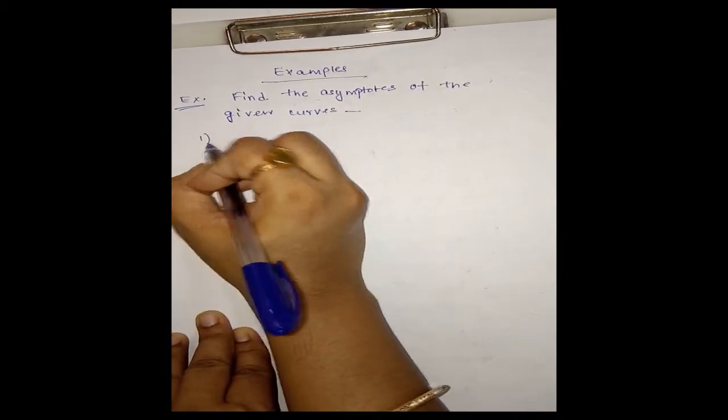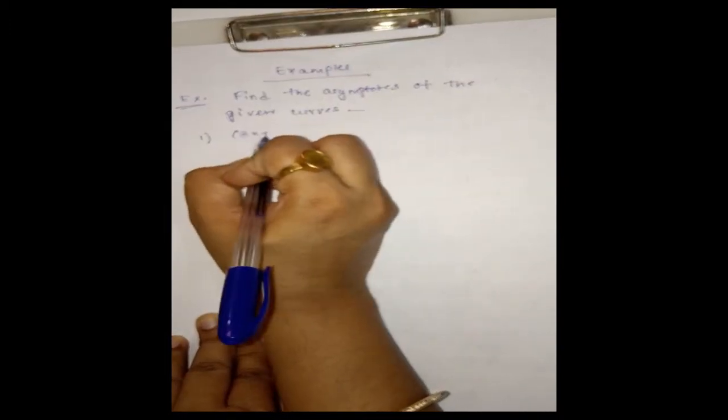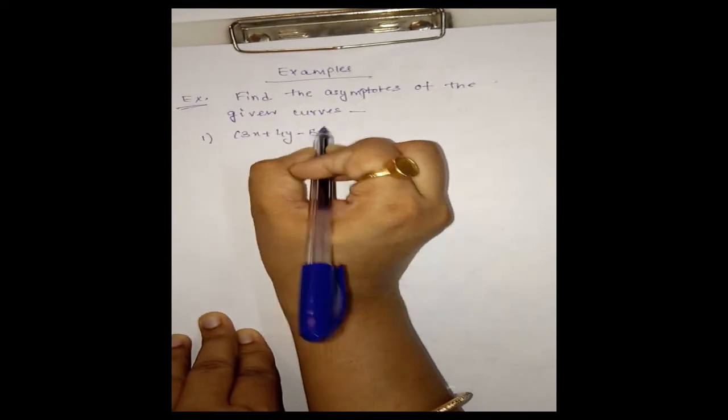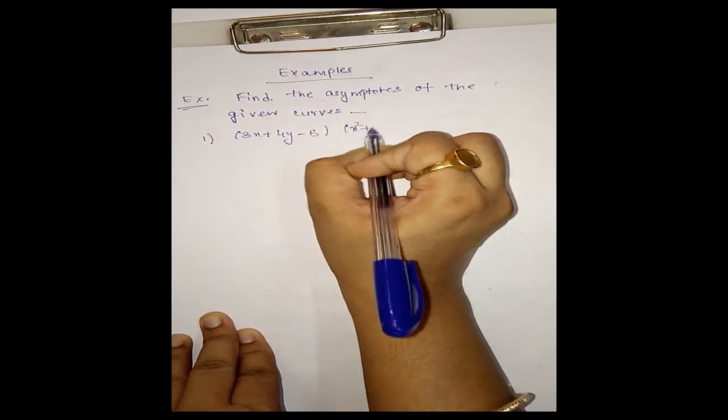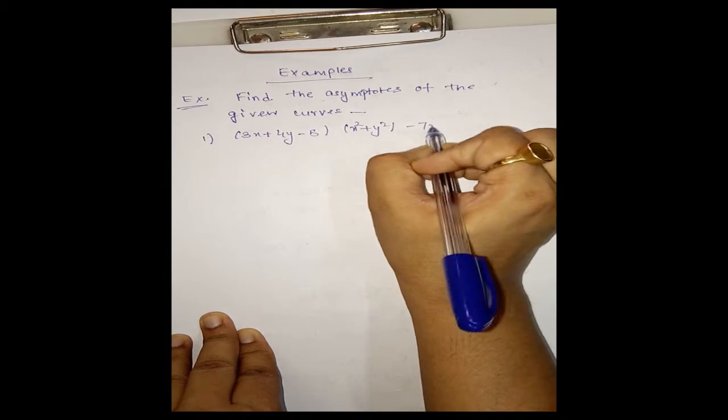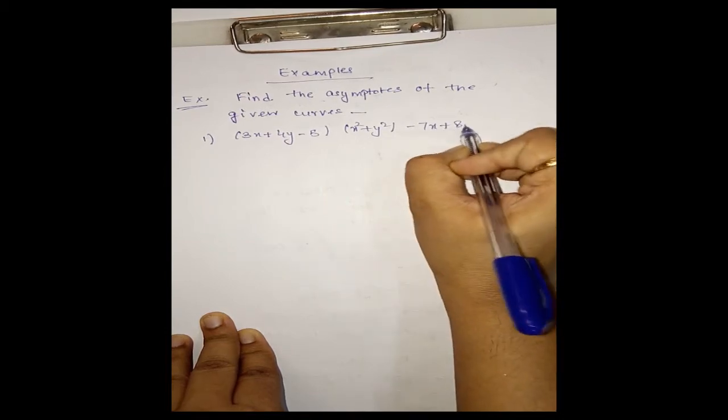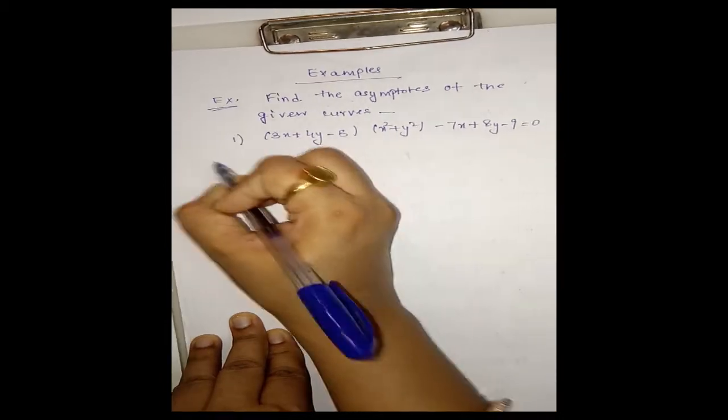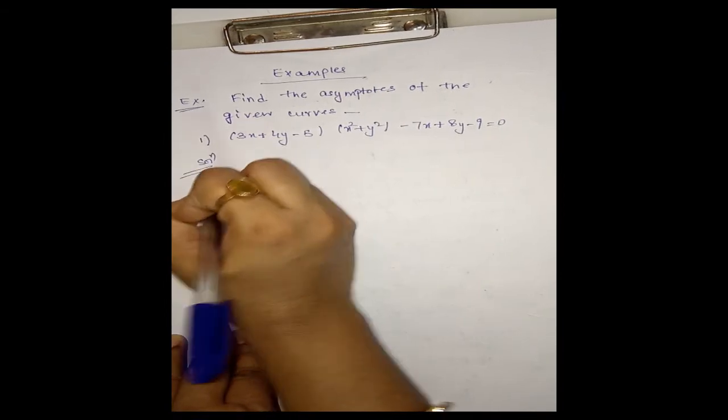The first curve given to us is (3x + 4y - 5)(x^2 + y^2) - 7x + 8y - 9 = 0.